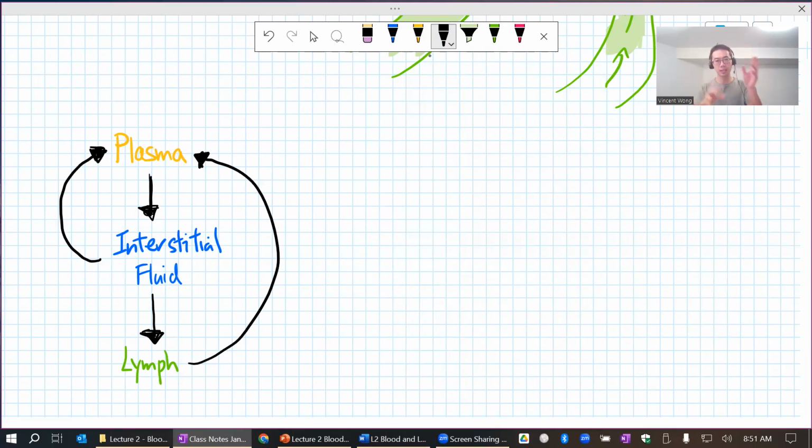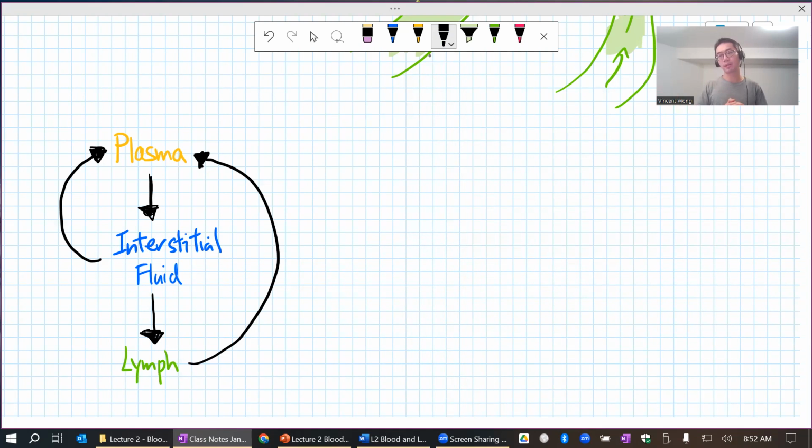Okay, so that's basically how they're all connected. The content of the plasma, of the interstitial fluid, and of the lymph, it's similar. Think of it as like cake, muffin, pancakes, right? They all are made up of the same stuff, pretty much, but in different proportions, a different ratio.